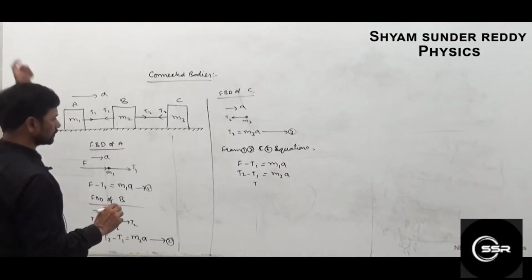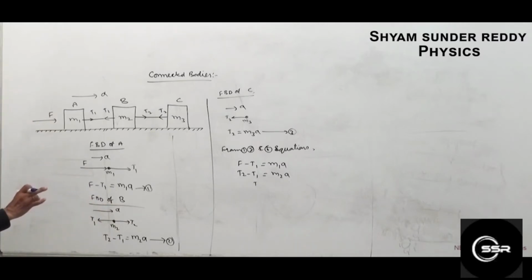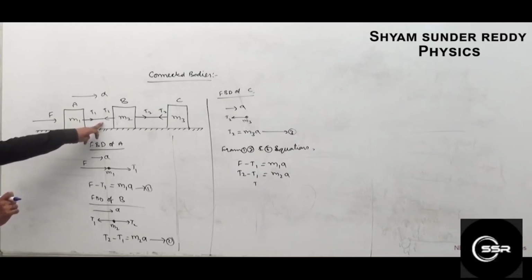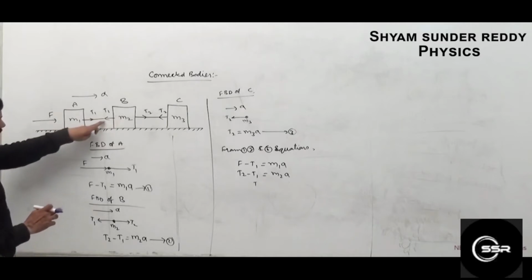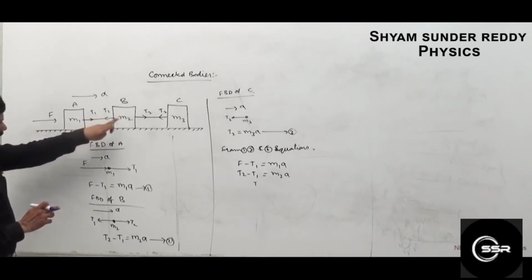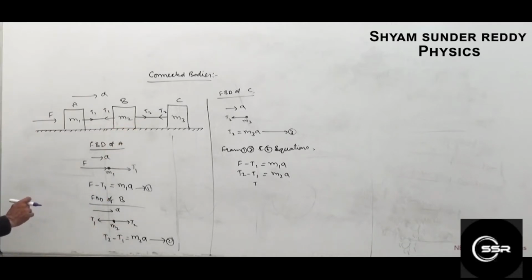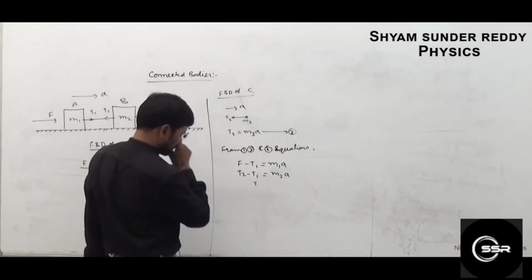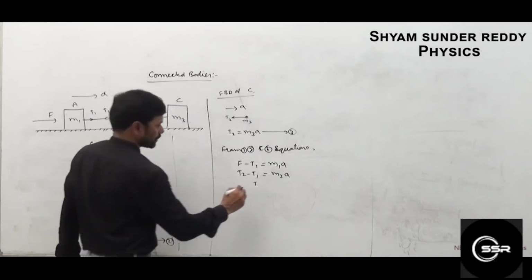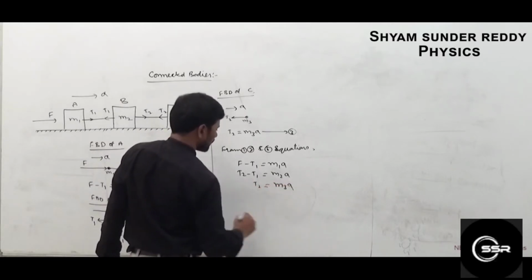Here I made a mistake. Here this is T1 and here it is T2. So T2 minus T1 is equal to M2A, and T2 is equal to M3A.